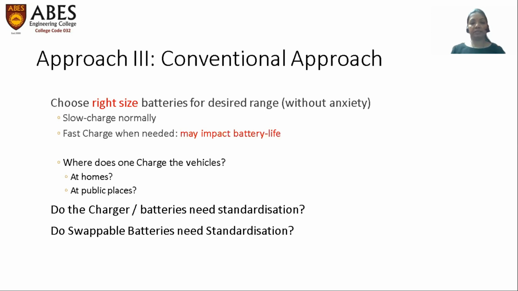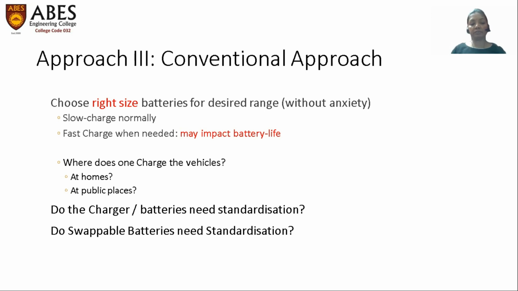So here basically we have talked about the three different approaches in order to reduce the overall cost of the EV. The first one was the swappable battery. The second one was the private vehicle, where the big battery is installed in the vehicle itself, and it gets charged at home itself, and a range extender battery is used. The third approach is the conventional approach, where the desired size of the battery is installed, and then after a particular run the vehicle can be comfortably charged either at home or at public places.